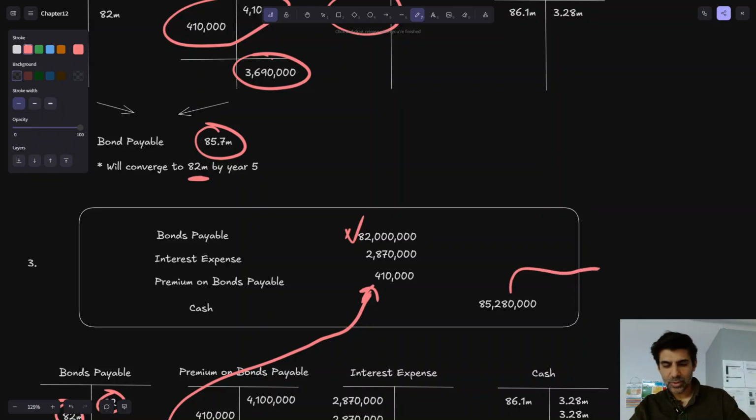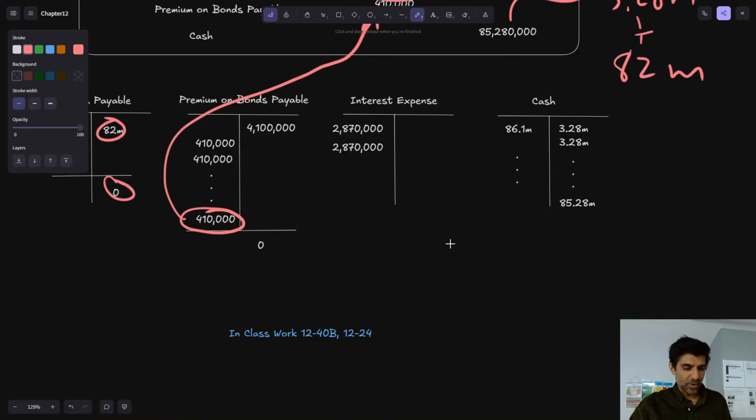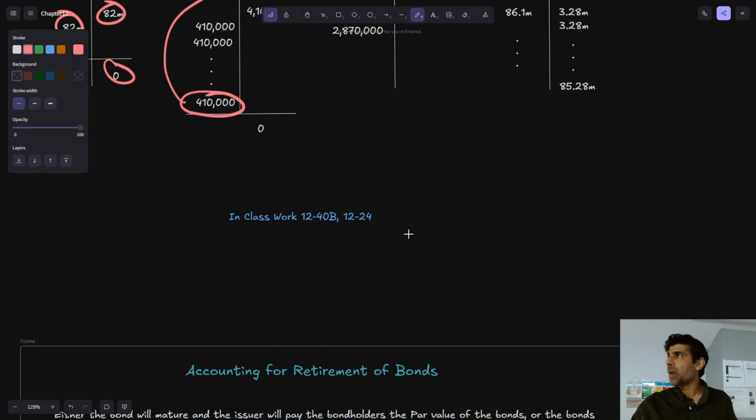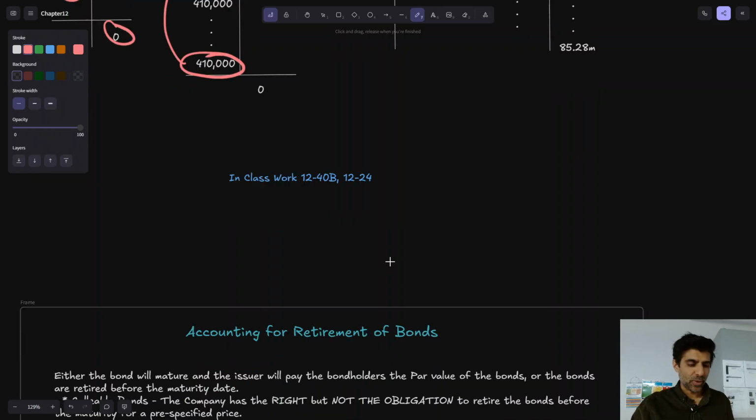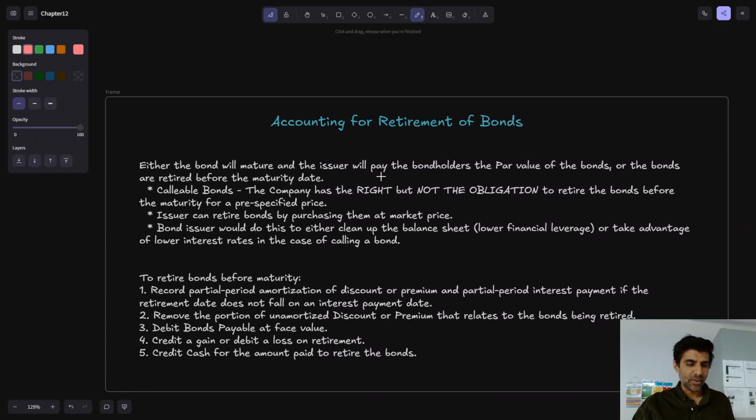So this is equal to 3.28 million plus par value, 82 million, and then the interest expense for that last payment. Okay, everyone good with this? Okay. All right. So we'll come back to the practice problems. We'll let you practice with this, but I would just want to finish everything so that we don't miss any of the lecture content. Okay.